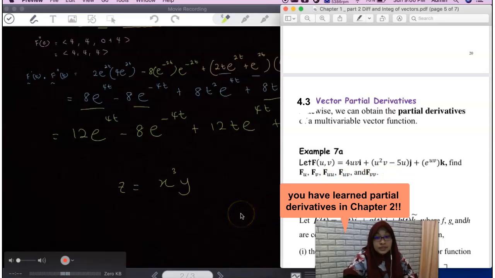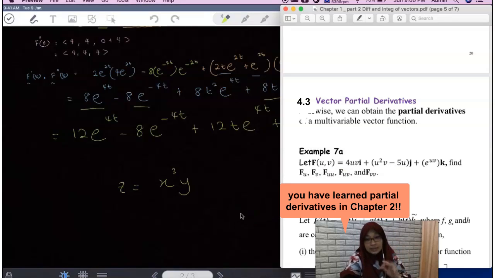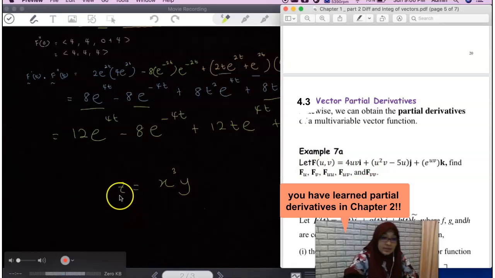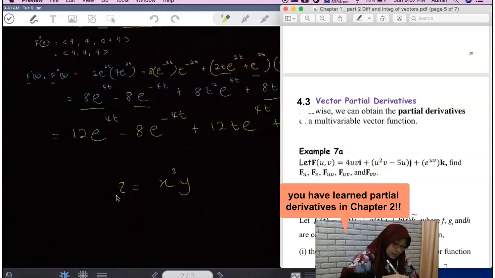So the procedure is the same, but now we are applying the technique to vector functions. Let's say you want to differentiate z partially with respect to x. So you have del z over del x, or in a simpler version, zx.